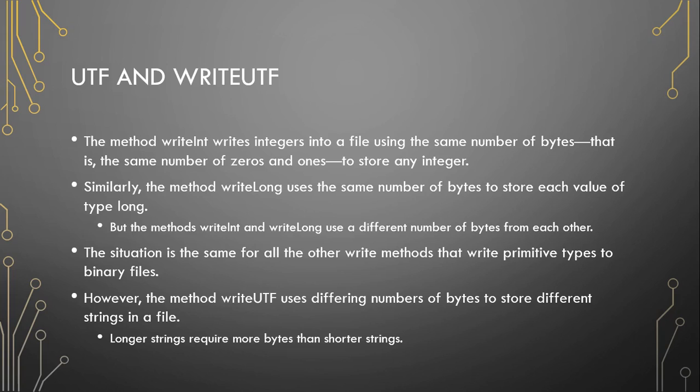However, cycling back around to UTF, you'll notice that its method uses a different number of bytes to store different strings in a file. Longer strings require more bytes than shorter strings. This is because a string can vary vastly in length and complexity compared to an int or a long.